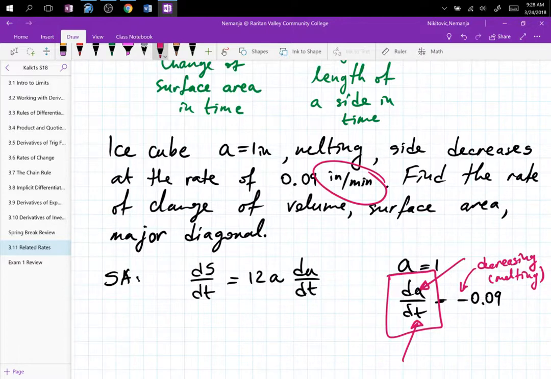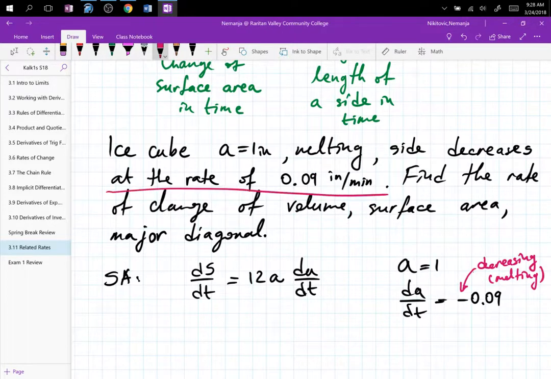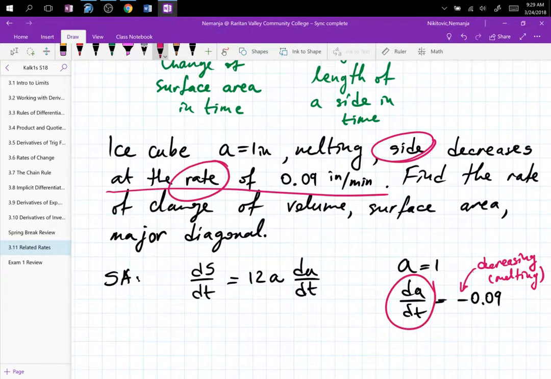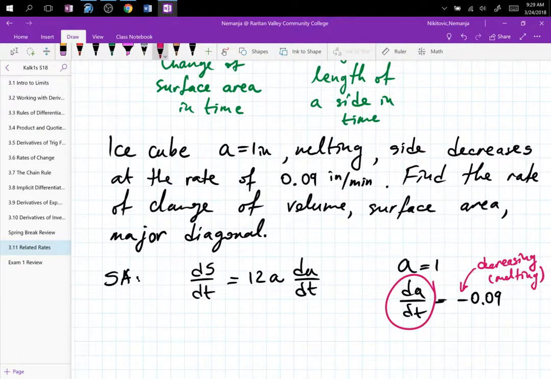So you see over here that the formula clearly states that this concept given in the text is change in a side. Well, it says that the side decreases at the rate. So put all of these things together, right? You have a side, you have a rate, you know it's happening in time. Do you see how the three concepts work together to give you that? And then I put minus on 0.09 because it's melting, it's decreasing. So I put the minus there.